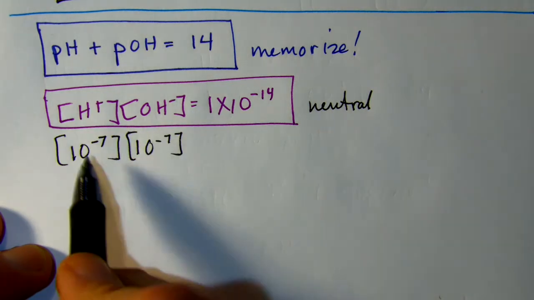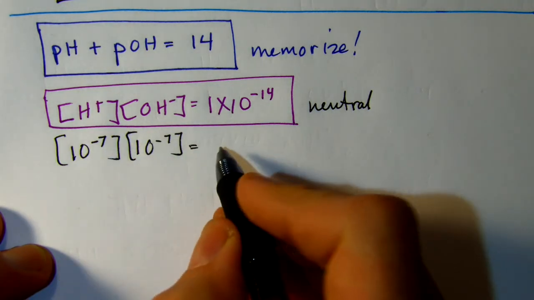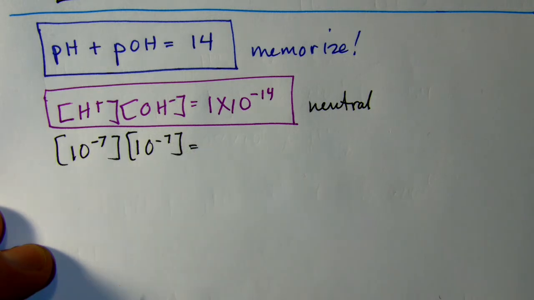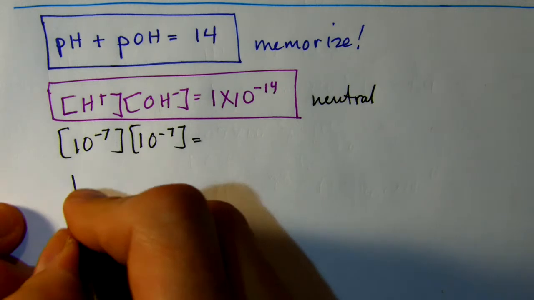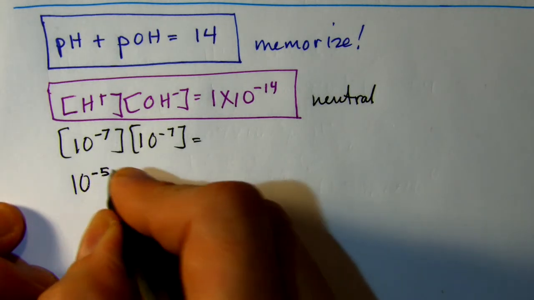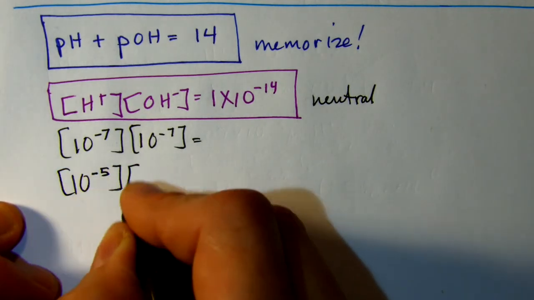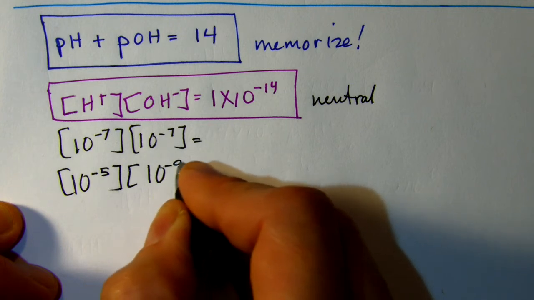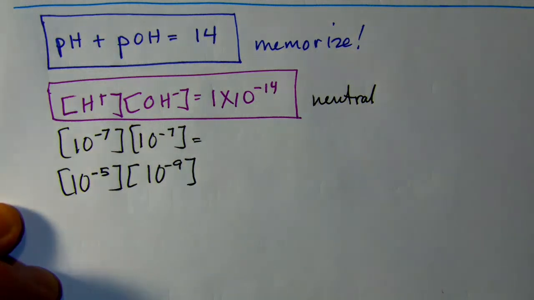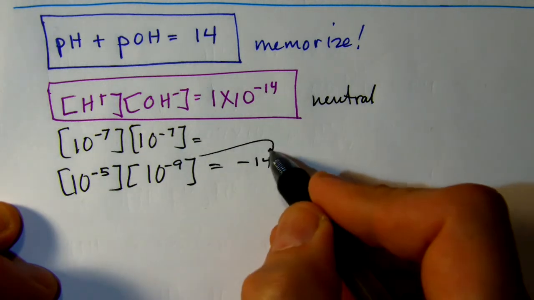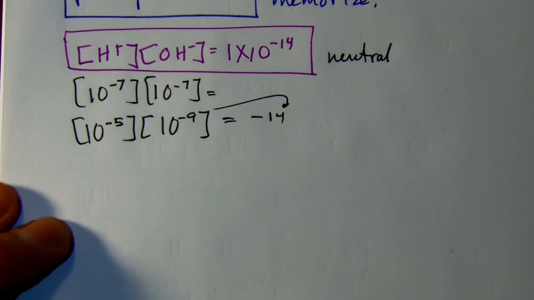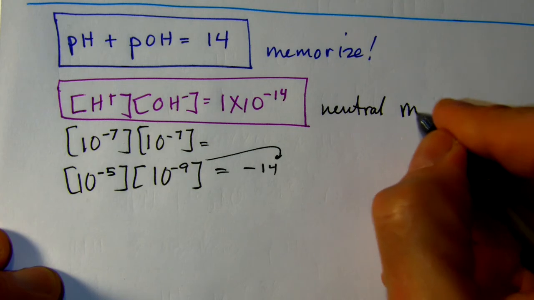When you multiply exponents, you actually add them together. That's where the 14 is coming from. Okay? And if this were a negative 5, right, then this would have to be a negative 9. So they just have to equal negative 14 up here. Right? That's what's going on. It's a little tricky, but this guy should be memorized.